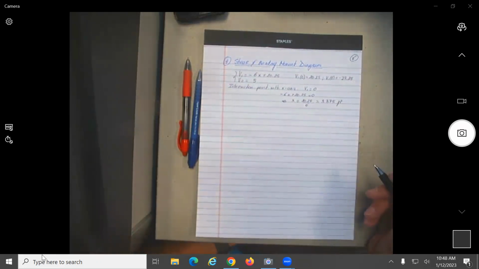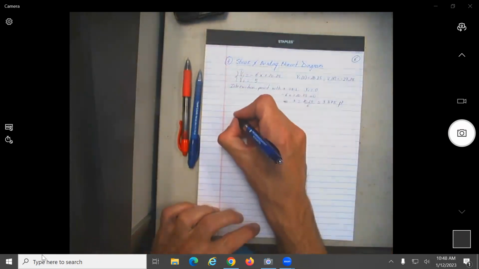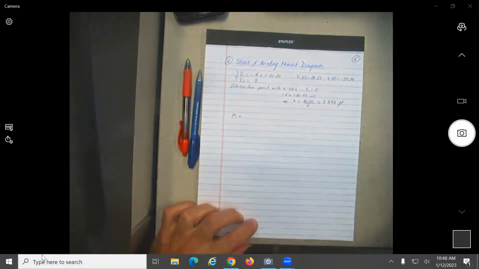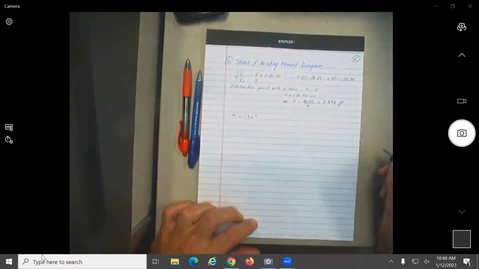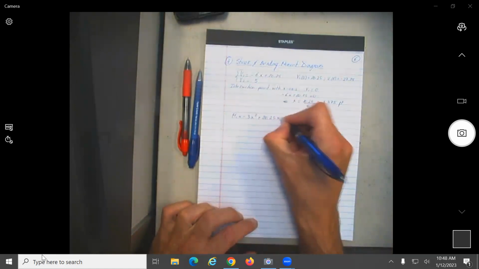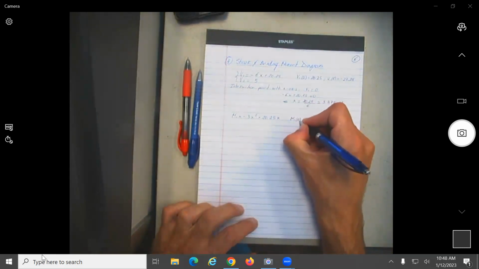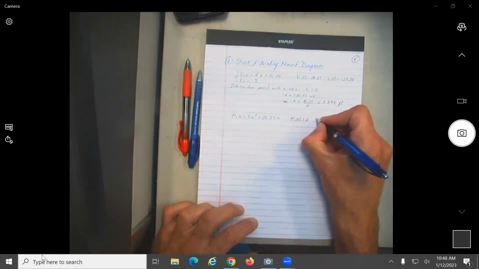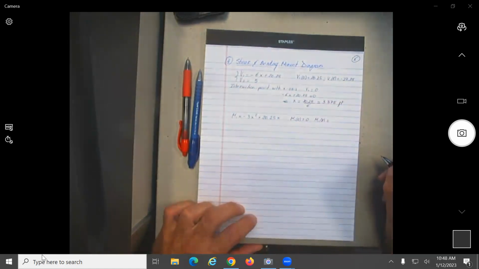All right, so now we got everything to do the shear, but let's look first at the moment one. If we look at the moments, we had M1 equal to minus 3x squared plus 20.25x, for which we know that M1 of 0 is equal to 0, and M1 of 8 is negative 30.